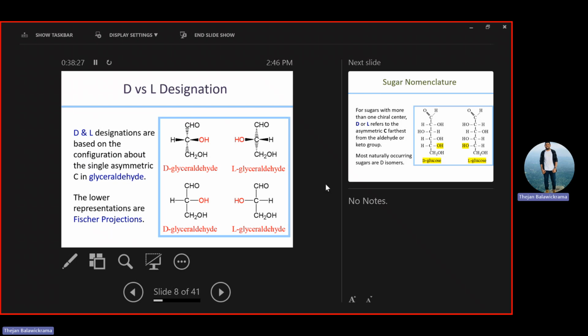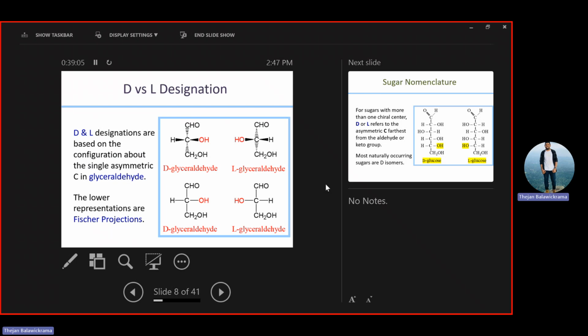Practically, we have to find out whether this particular substance is rotating the plane polarized light clockwise or anti-clockwise. Clockwise is the D version, and anti-clockwise is the L version.